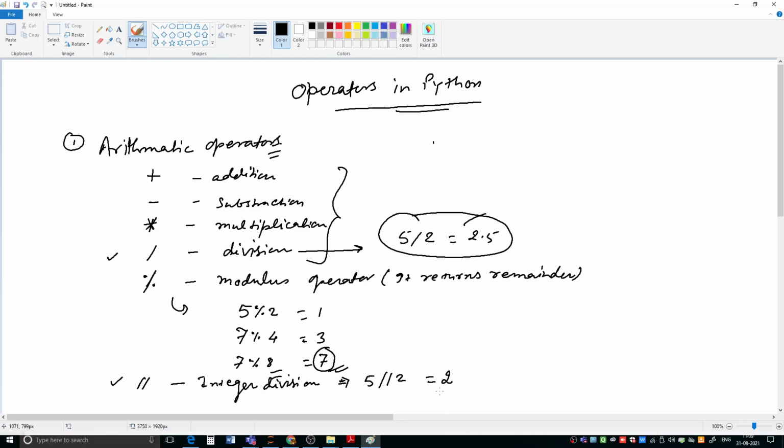This will give you only 2, because the fractional part will be discarded. So you will get 2 only, not 2.5. 2.5 you get in simple division, but in this case you get 2. Let us check it.